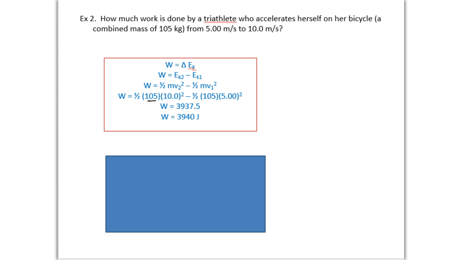So mass is still 105. Velocity at the end was 10 meters per second, and velocity at the beginning was 5. So square 10, multiply by 105, and multiply by half. And you're going to subtract that from the value here, 25 times 105, times a half. So work it out on both sides, and you should have come back with 3,940 joules.